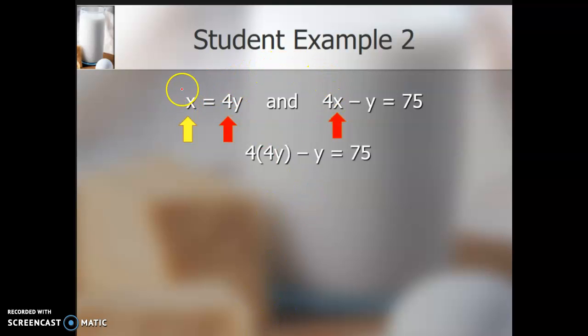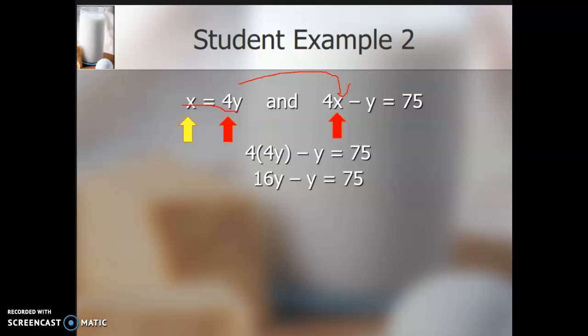So here, x equals 4y. All right, and you want to take that 4y and put it in for this x. When you rewrite it, it looks like this, and you only have y's here. Remember, you can put this into Desmos and get your y value, or you simplify.